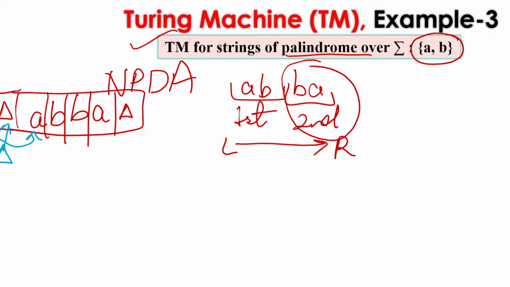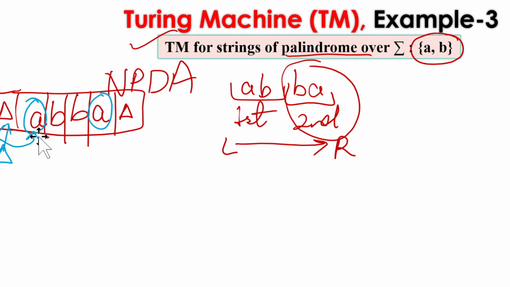Now we will follow a simple approach: we will replace the leftmost symbol and the rightmost symbol with a blank, because we need to match the leftmost symbol and the rightmost symbol. If the leftmost symbol is A, as we have A here, then the rightmost symbol must be an A only.